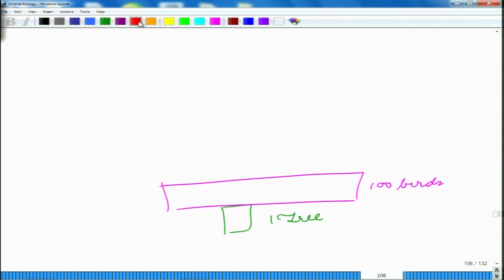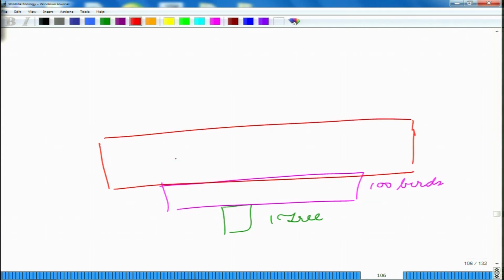Each of those birds is supporting say 10 parasites. So, this particular block would become 10 into 100 is 1000 fleas or 1000 parasites.